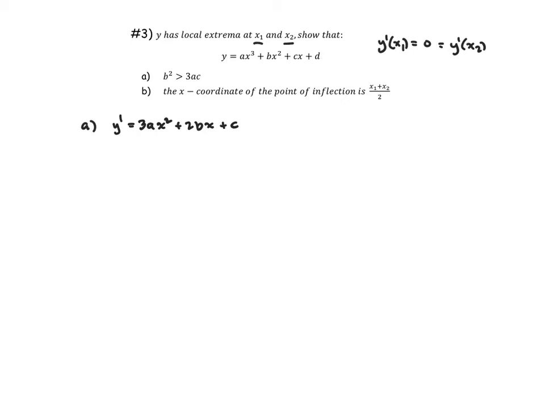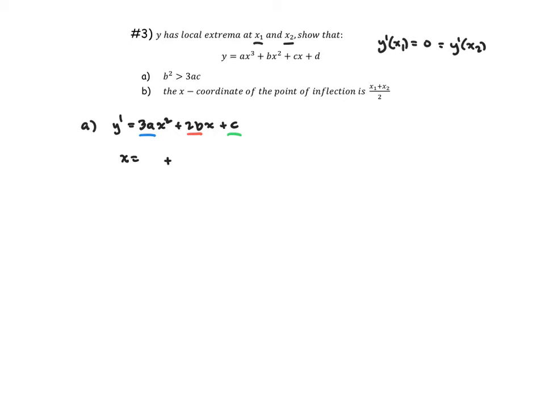Because I don't have values for a, b, and c, I can use the quadratic formula to find the zeros of y prime. This is kind of confusing, but a is 3a, b is 2b, and c is c. Kind of funky, but you can do it.